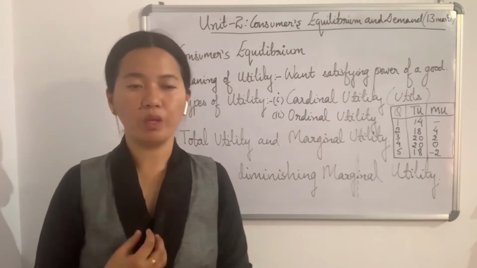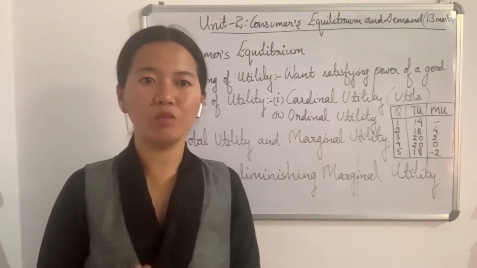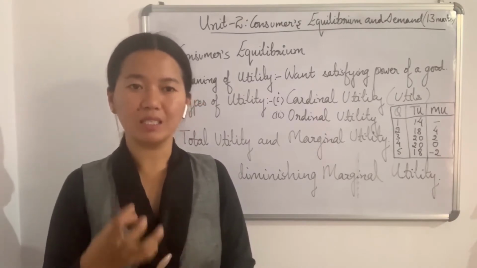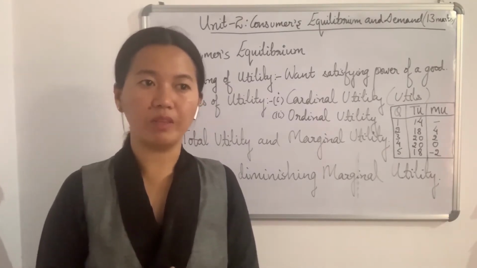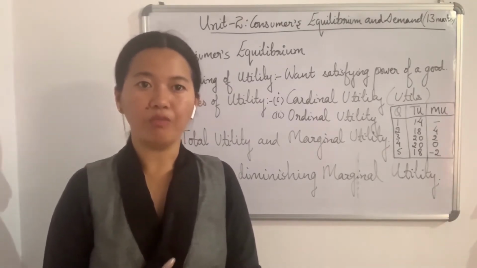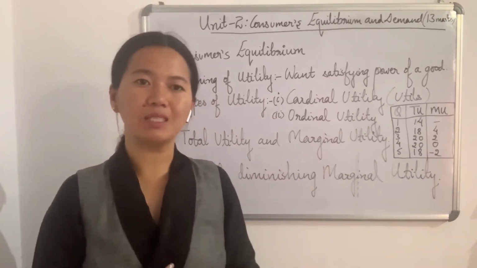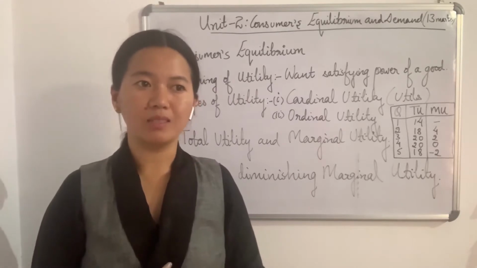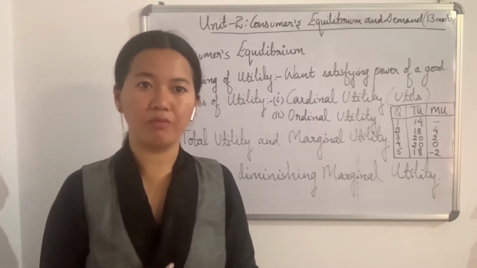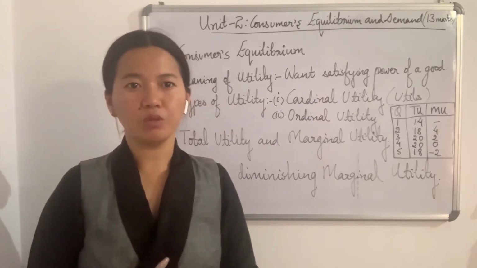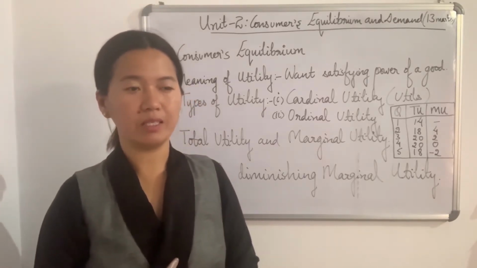In this way, when we consume or use any goods or services, it satisfies our wants. That satisfying power of a commodity, or of any good, is called utility, which in short means satisfaction. It is the satisfaction that you receive when you use or consume any commodity. So that is the meaning of utility, and it has 2 types.